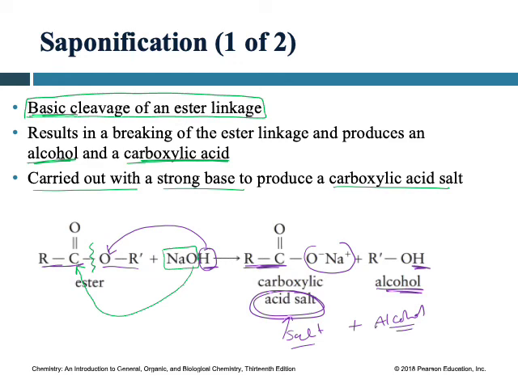This is different from water hydrolysis, where you normally form a carboxylic acid and an alcohol. In saponification you make a salt, not an acid, as a product. So this is the difference between saponification and hydrolysis of an ester compound. Make sure you know this difference.